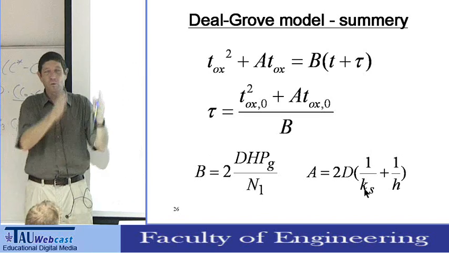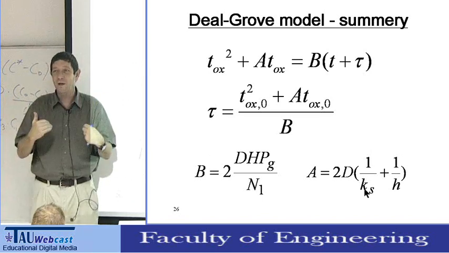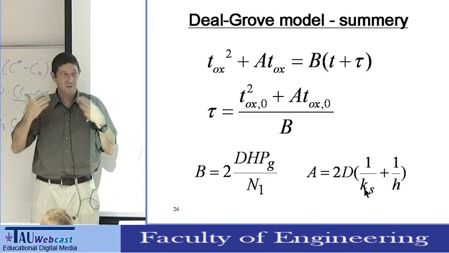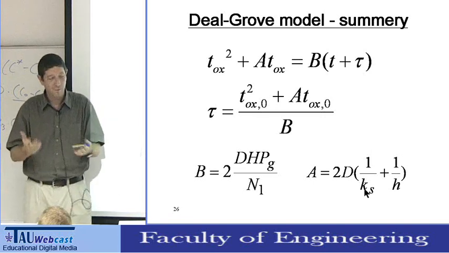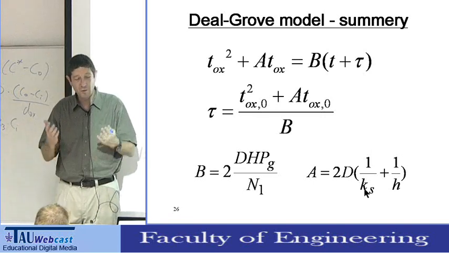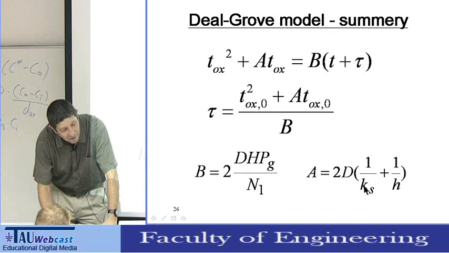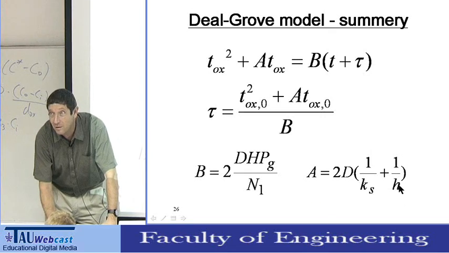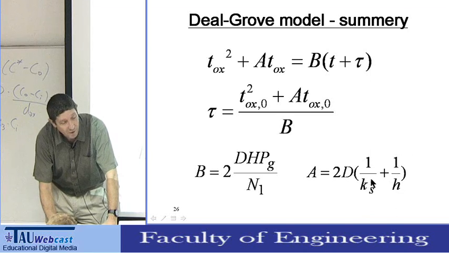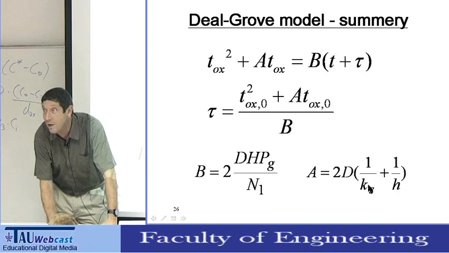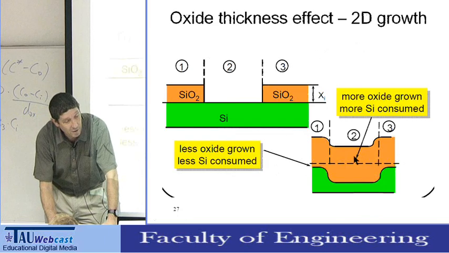Now usually if you have 2 processes in series, the slower one is the one which determines the reaction rate. So if Ks is large, then H is dominant. If H is large, then Ks is dominant. So always the dominant value is the one which is the lowest, which is the slowest.